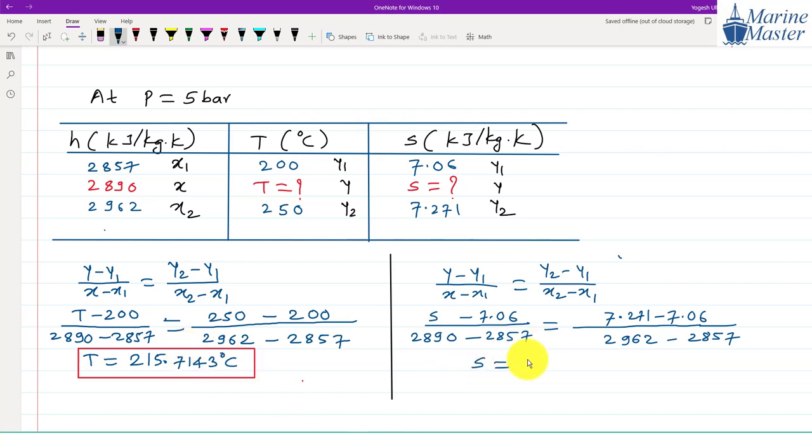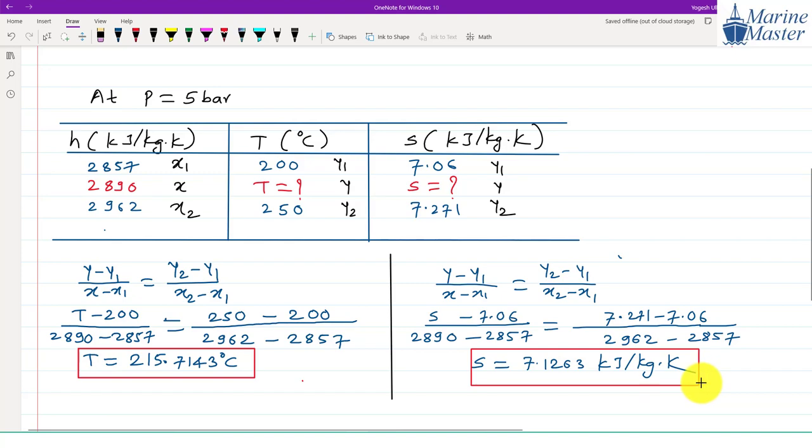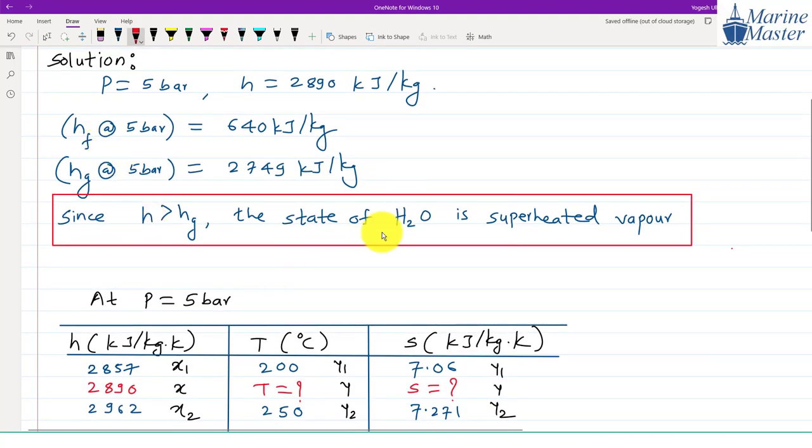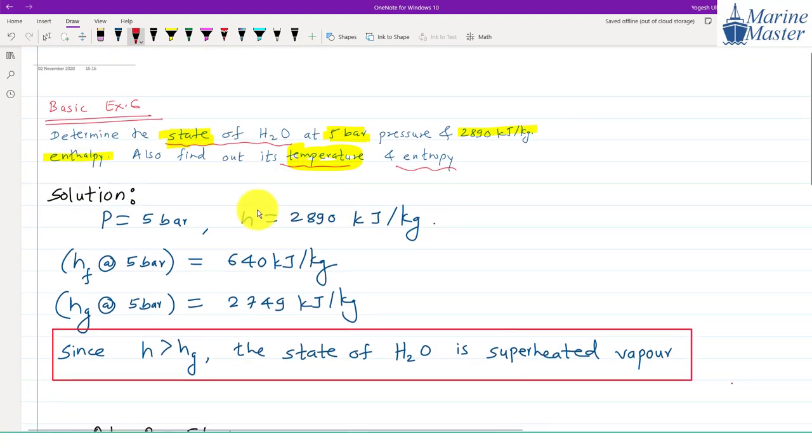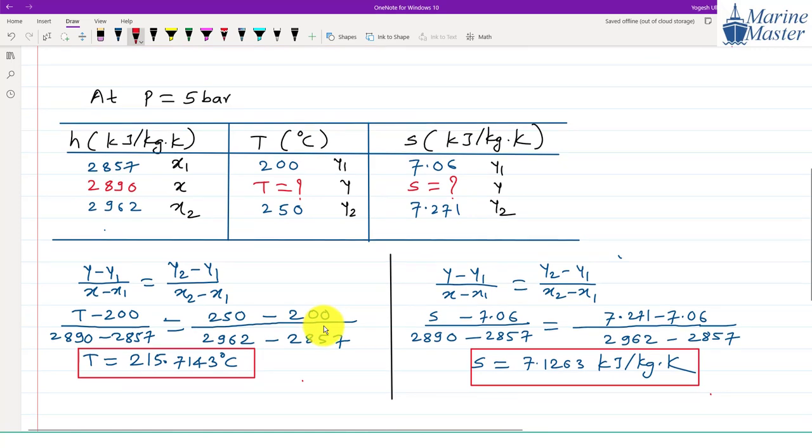And if you do the calculation, we will get the value of entropy as 7.1263 kilojoule per kg Kelvin. So in this way we got the value of temperature and entropy, guys. We have already written this discussion up to this one, the state of H2O. If you have not written it, write it down, and then please complete this discussion, everyone.